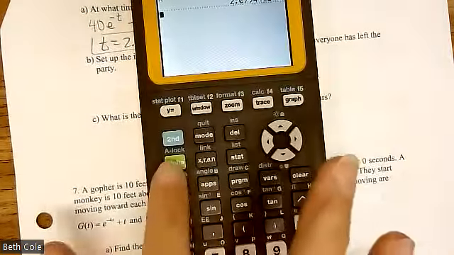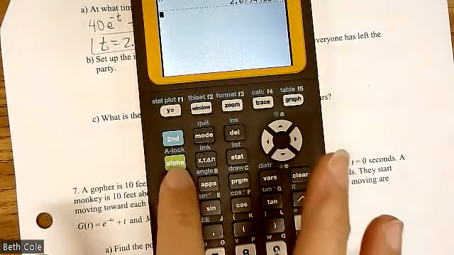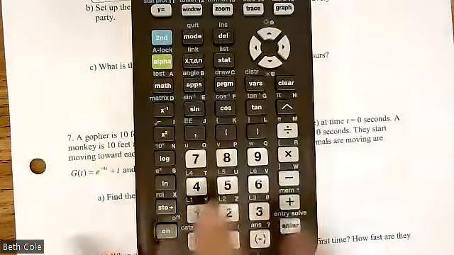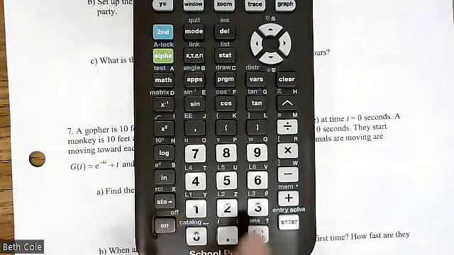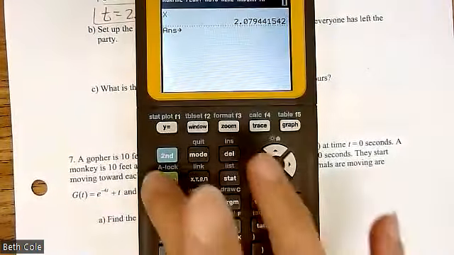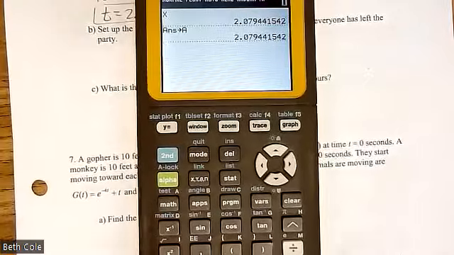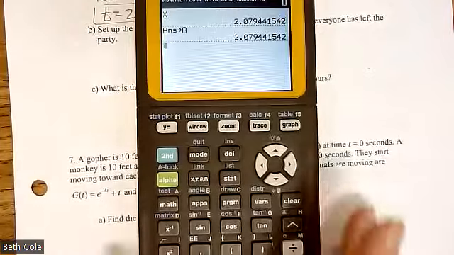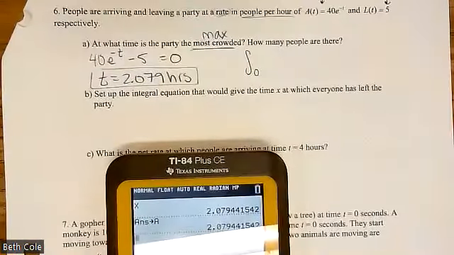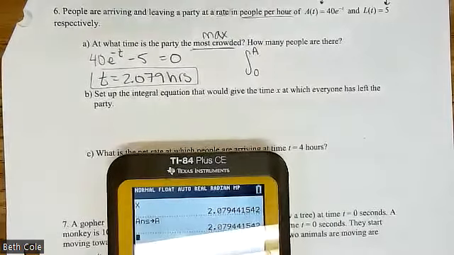It's right next to the alpha key. So do you see the A right there? So it's convenient. You're going to hit store, S-T-O, alpha A, enter. Store alpha A, enter. I just say it over and over again. Okay. So now when you go to set up your integral, you can just put A.